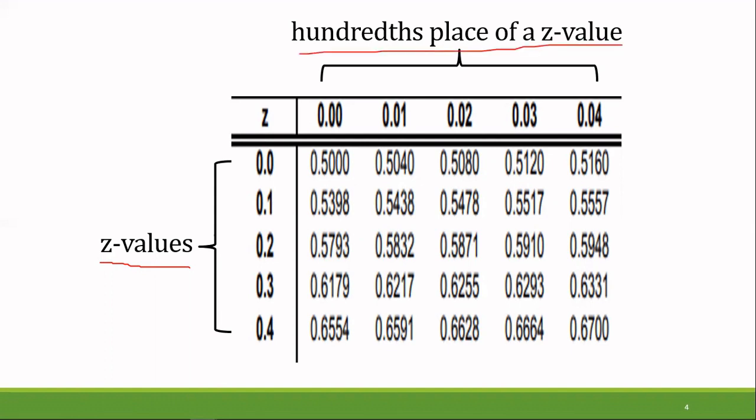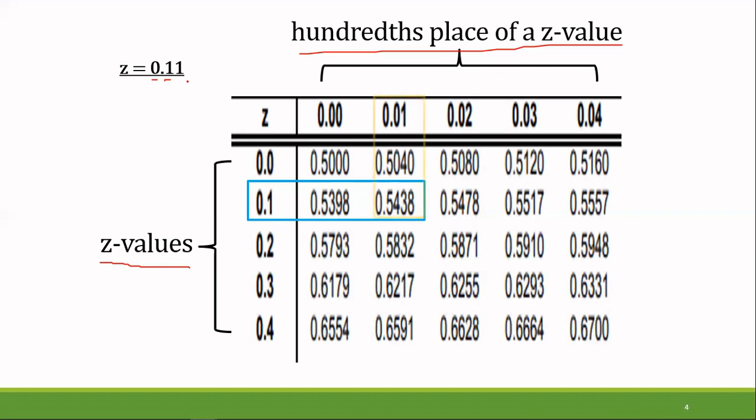So how do we use it? Let's say, for example, we are looking for the area of a z value given 0.11. As I said earlier, we first need to look at the vertical part of the table. The first two digits are 0 and 1, so 0.1. Let's find 0.1. Here it is. Then let's find the hundredths value, which is 0.01.